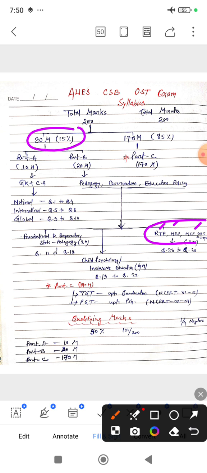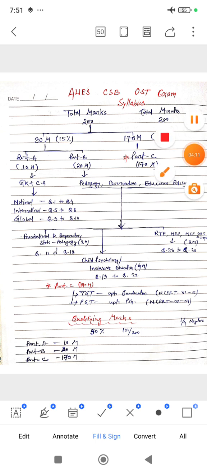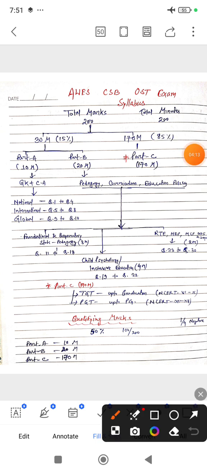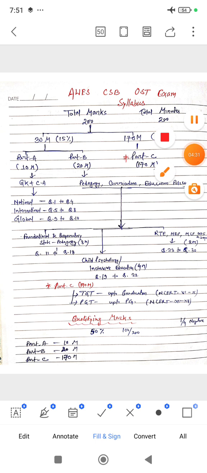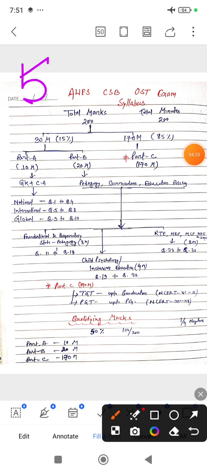Don't get tense about part A and part B if you are not well prepared, especially part A. Don't be so scared of part A, because there is no condition that you must score 50% from each part. Overall you have to have a 50% score.